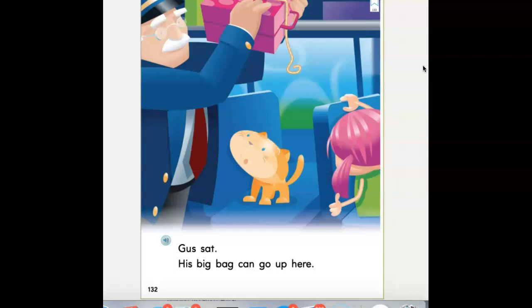So, boys and girls, in our story, where is Gus at? Where is Gus at right now? Gus is on a train.